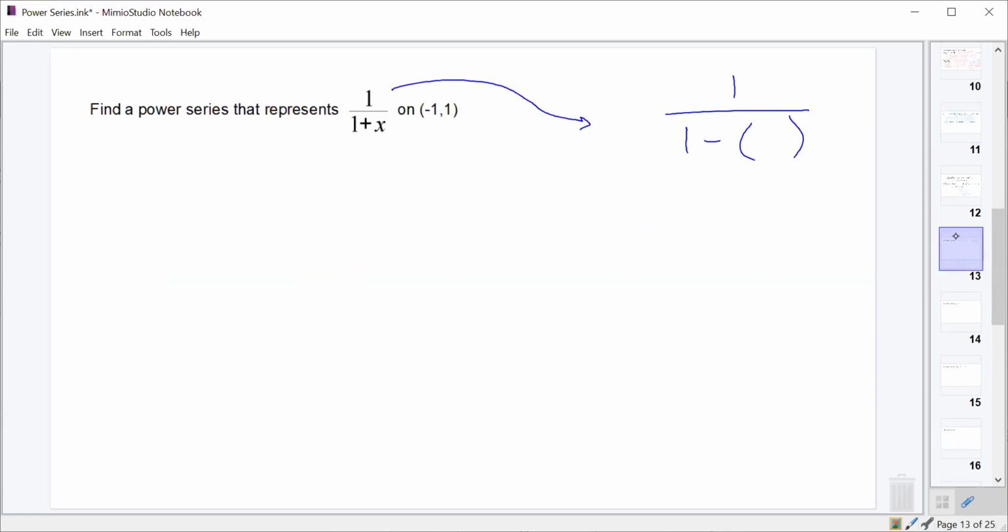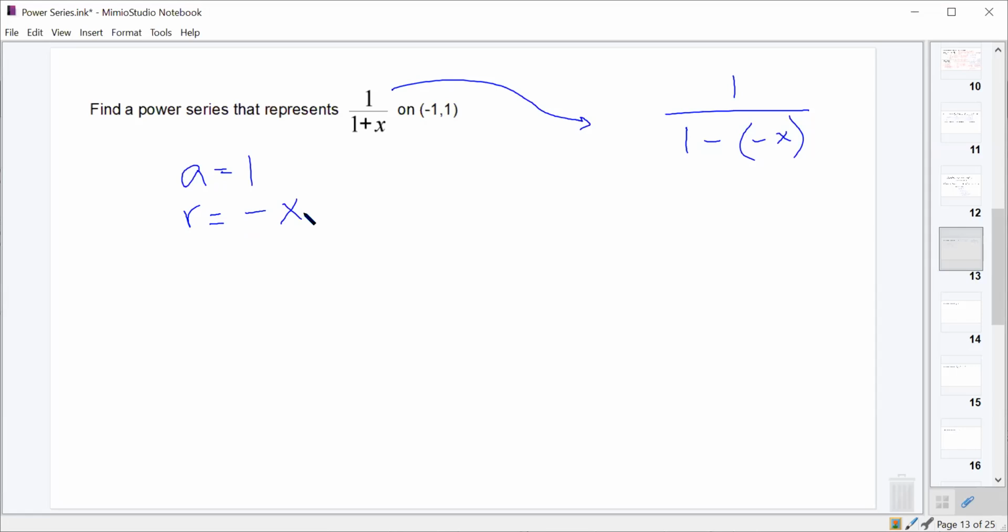So what function do I need to replace it with to give us a plus x there? Should just be a negative x, exactly. Perfect. So that tells us that our first term, a, is still 1, and we now have a common ratio of the opposite of x.